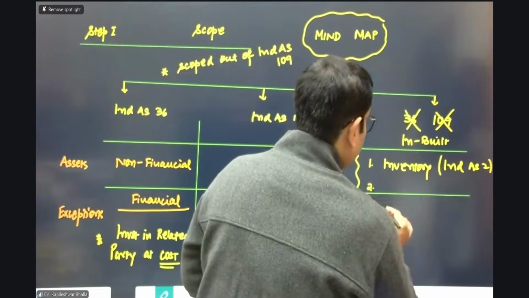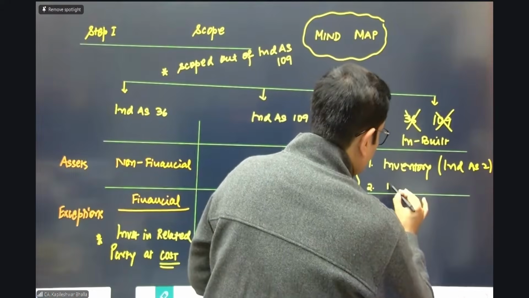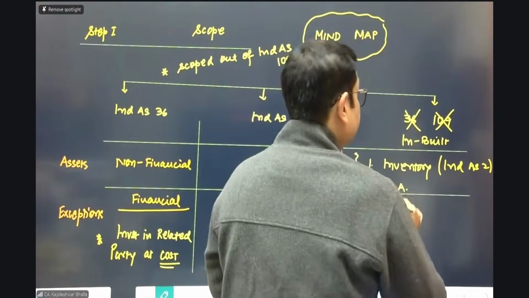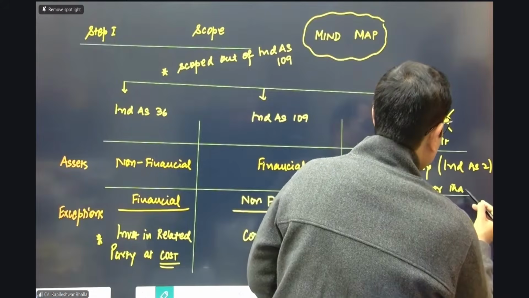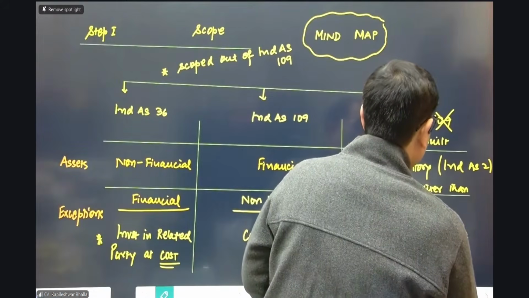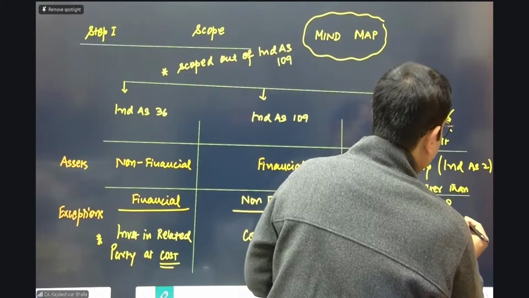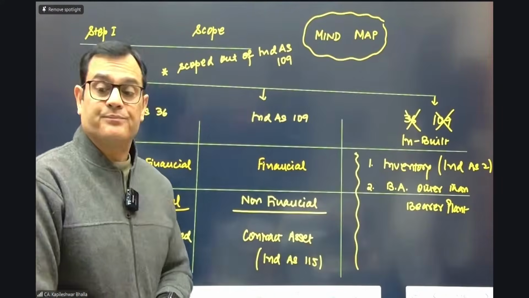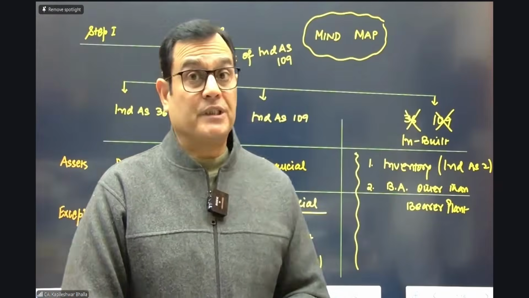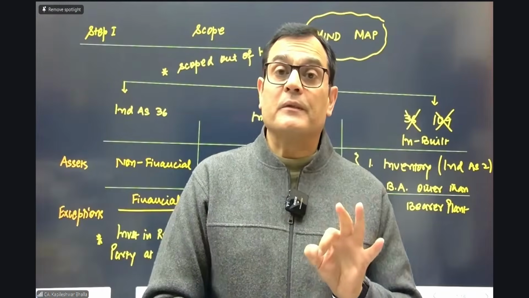The second one is biological assets other than bearer plant. Because we know that a bearer plant is covered under Ind AS 16, and Ind AS 16, of course, covers the concept of impairment.